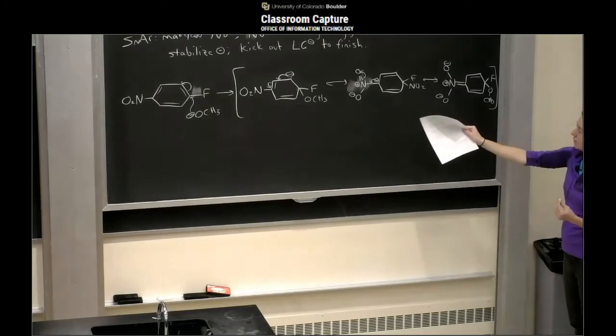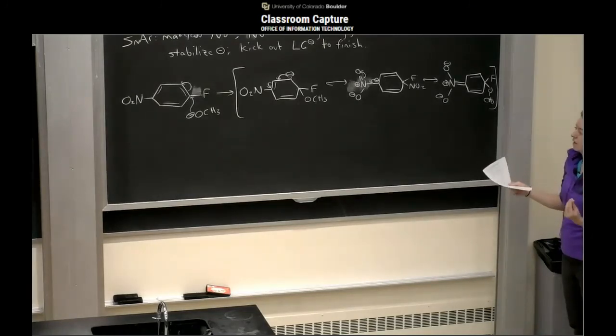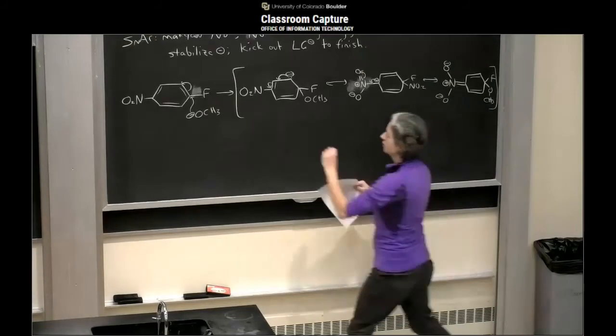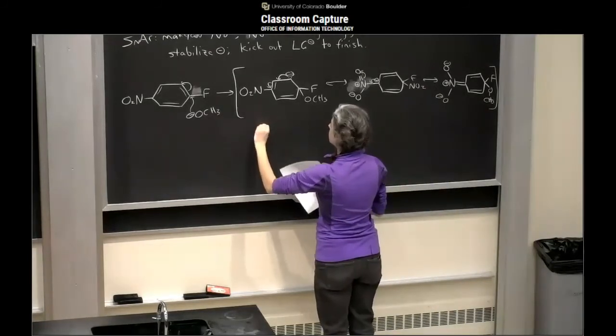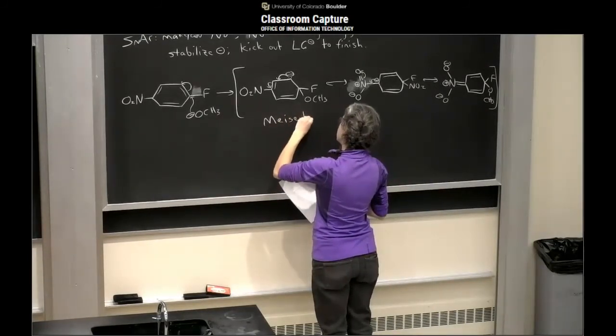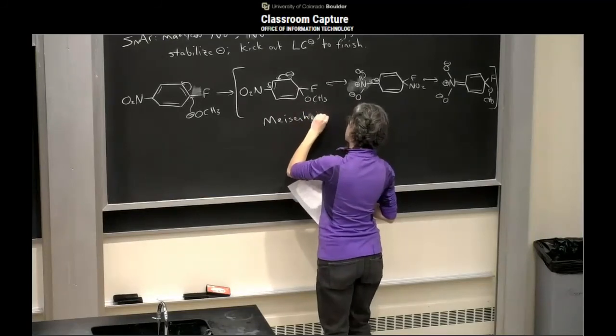So this set of intermediate states actually has a specific name. This is called a Meisenheimer complex.